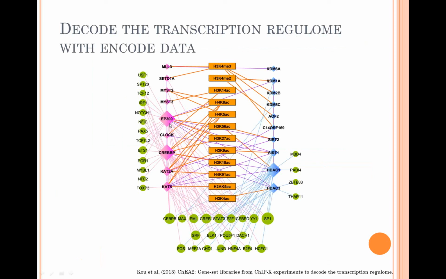We also connected them through the histone modifying enzymes. So we would like to take this transcriptional regulome and look at the gene expression data from the L1000 experiments and try to identify the upstream regulators for the up and down genes. And that's it.